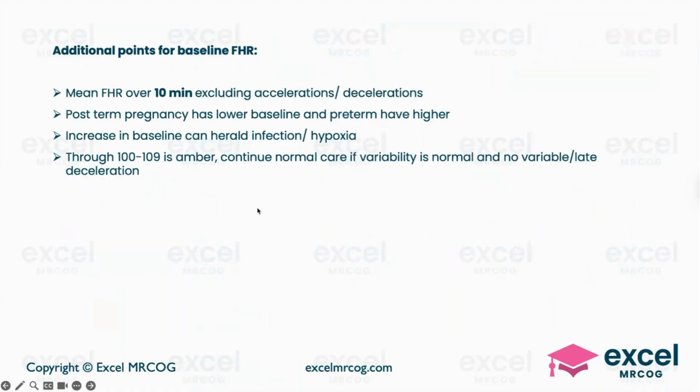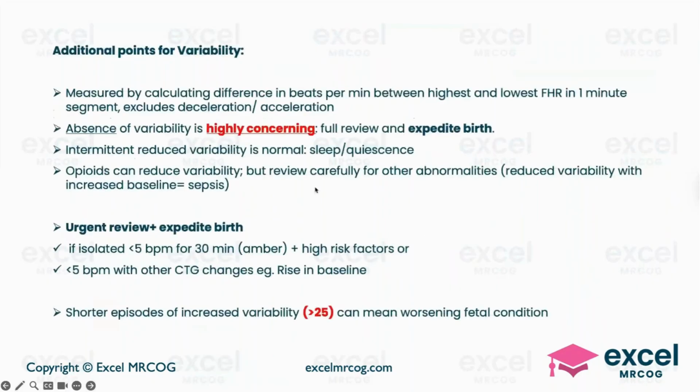All right. So, as I told you how to calculate baseline, I also told you how to calculate variability. Now, you need to understand that you can't have just one feature being assessed at any given point in time. If there is absence of variability, it is highly concerning.